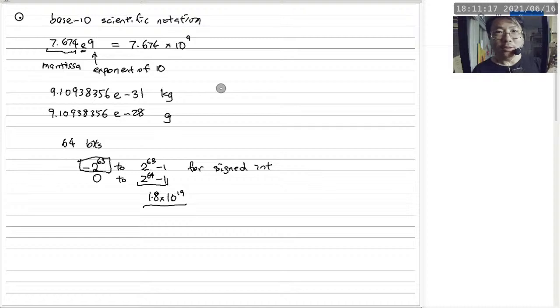Maybe not. I'm not really sure. But there are values out there, in physics and natural science, where this range is not even close to what we need to represent the values that we need to store, process, calculate, and so on.